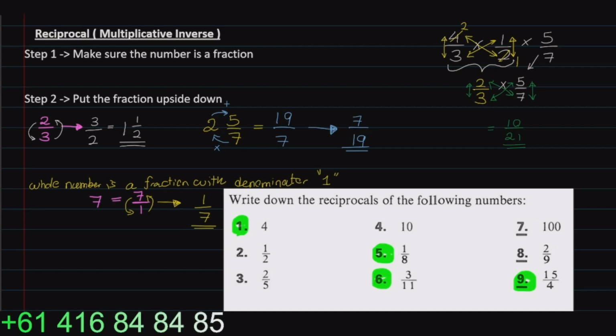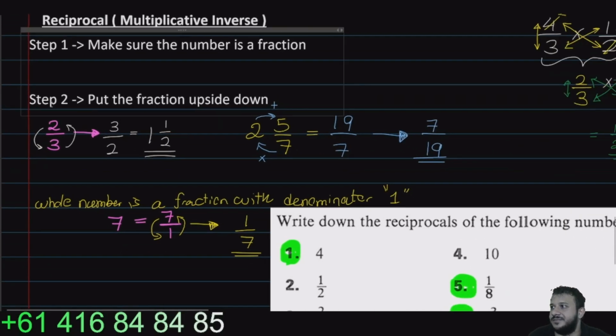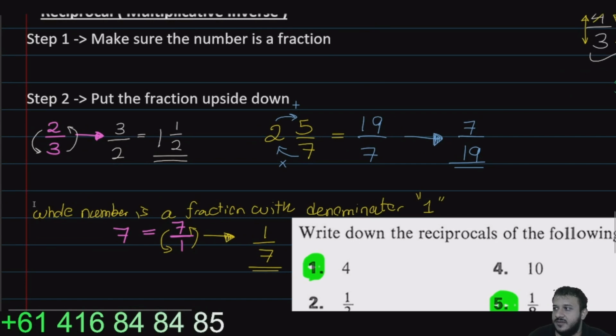I can't understand. What can't you understand? That's like 4. How to make it a fraction? 4 is a whole number, right? A whole number is a fraction where the denominator is what? 1.